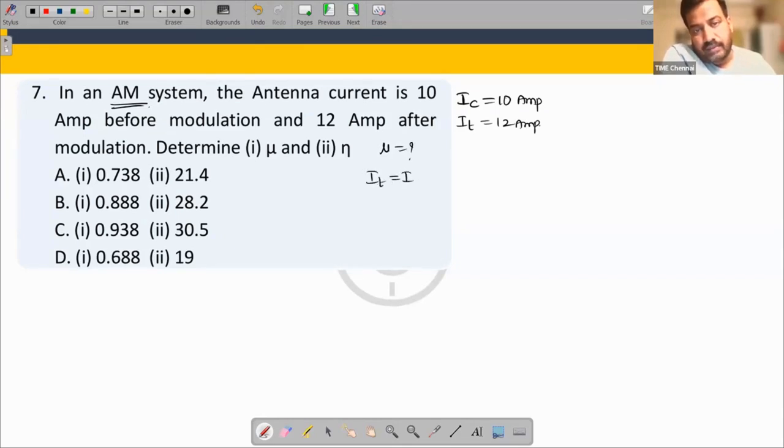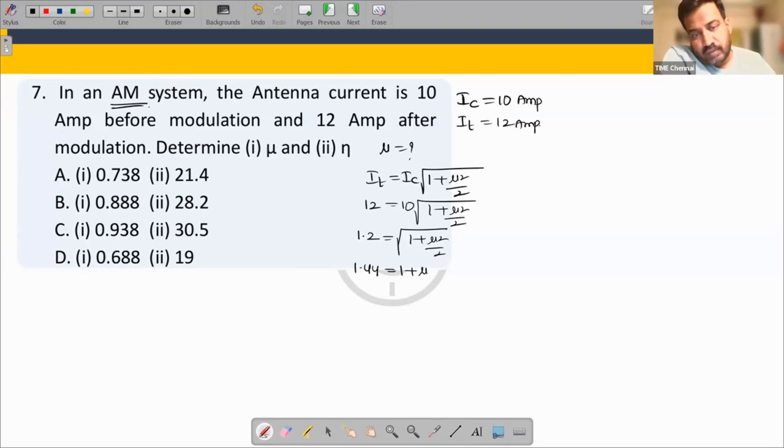IT is equal to IC into under root of 1 plus mu square by 2. 12 is 10 into under root of 1 plus mu square by 2. 1.2 is under root of 1 plus mu square by 2. 1.44 is 1 plus mu square by 2. 0.44 is mu square by 2.